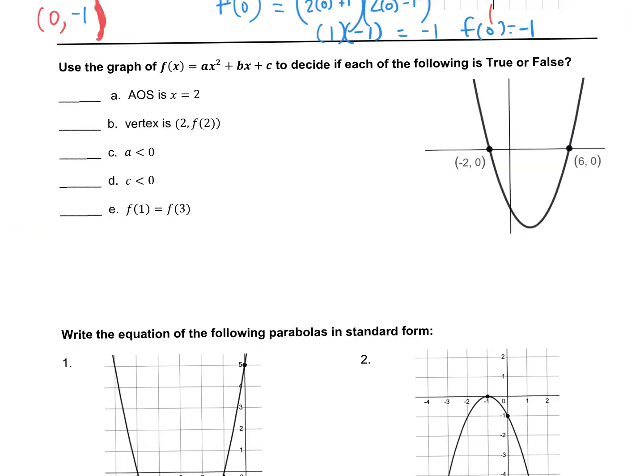Okay, in class, this next part was a critical thinking part, but you were working with a group. So what I'm going to do is go through it and make sure you understand why each is true or false. So use the graph of f of x equals ax squared plus bx plus c. Decide if each of the following is true or false. Remember, this is standard form.